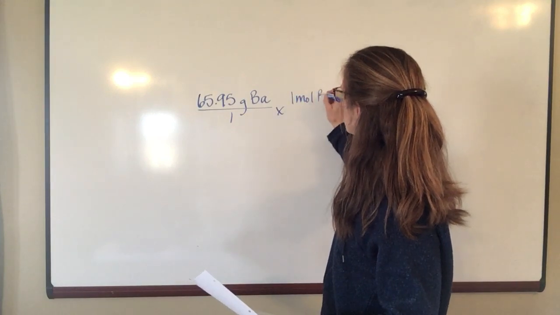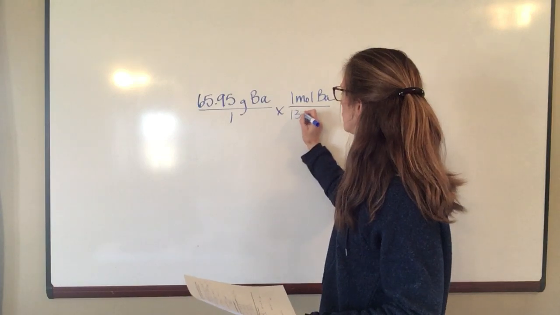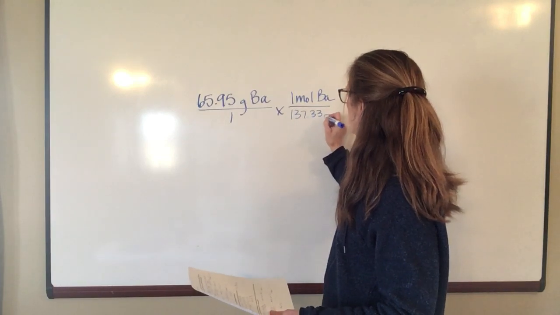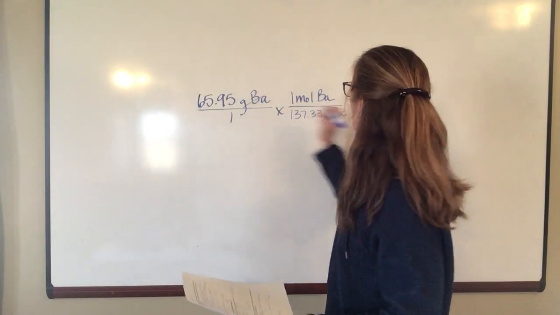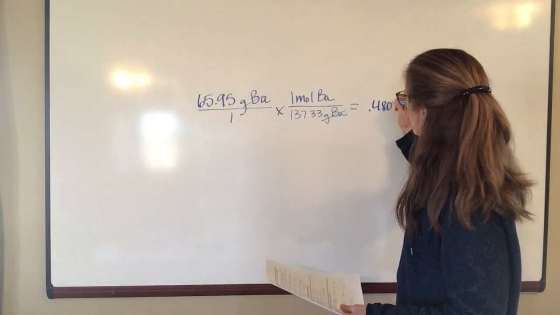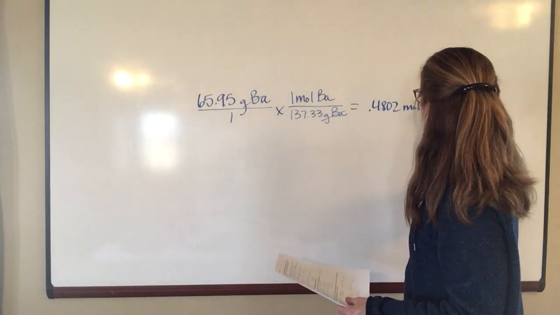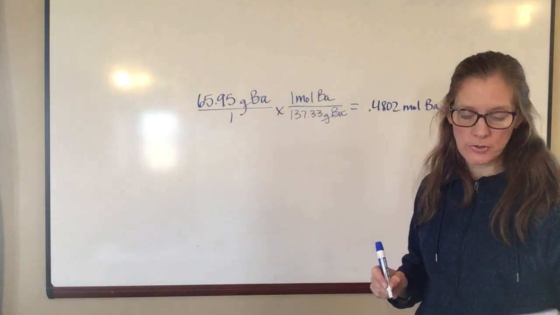From the periodic table, you will see that 1 mole of barium is 137.33 grams of barium. Okay, so grams cancels out, and I end up with 0.4802 moles of barium.